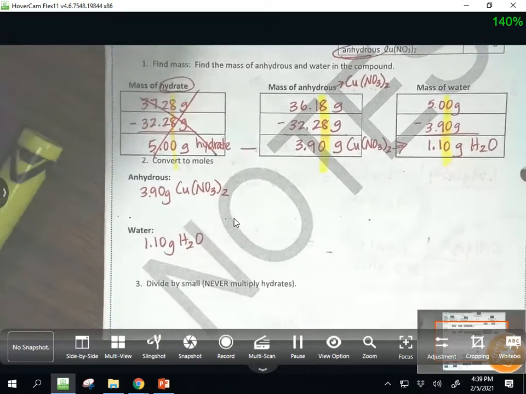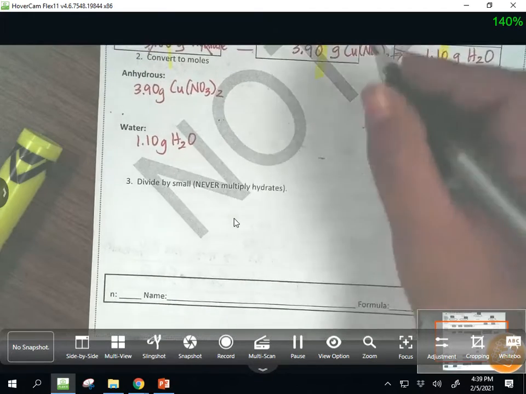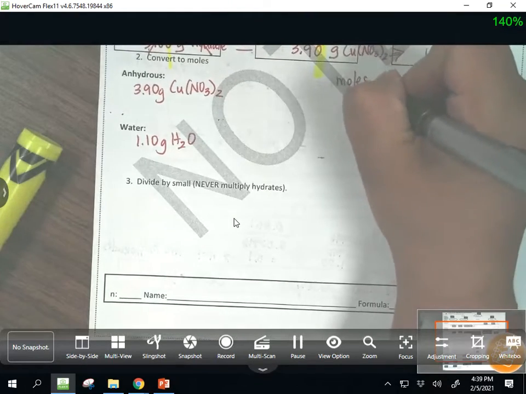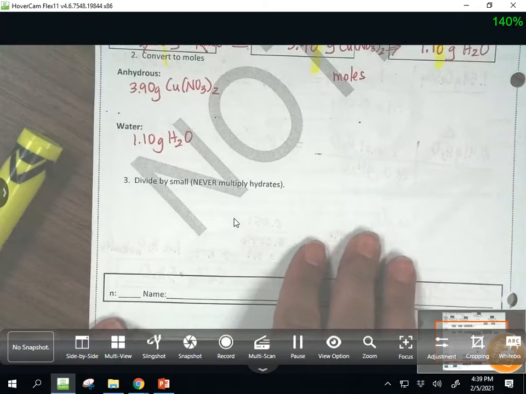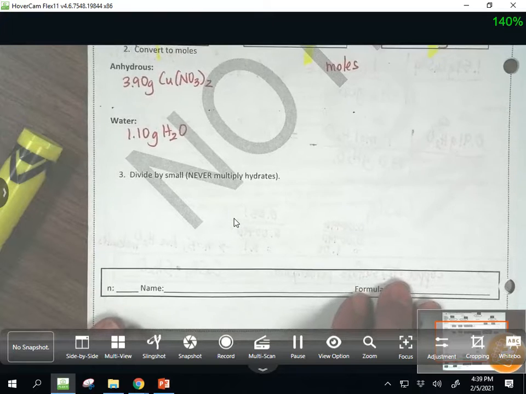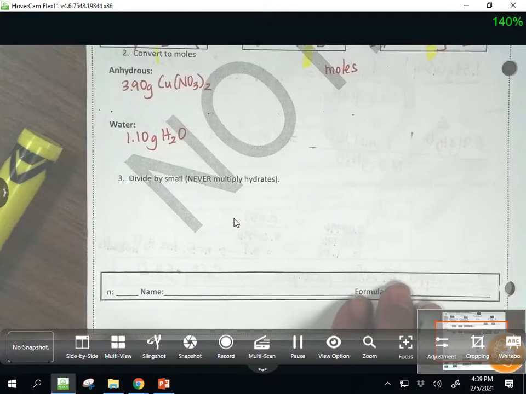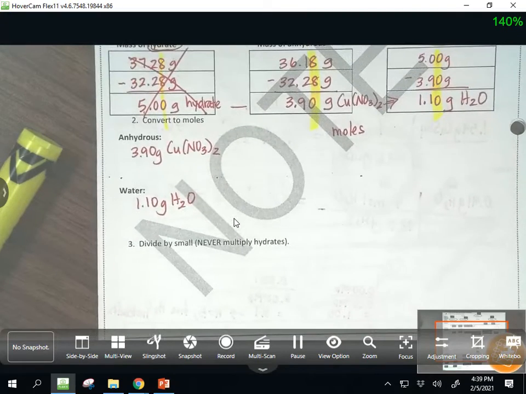Now, what I would like for you to do is to go ahead and finish this problem. Find the moles, divide by small, never multiply hydrates, and then we're going to check to see if you get the right answer. So I would pause the video and see if you get the answer that I get in my presentation here.